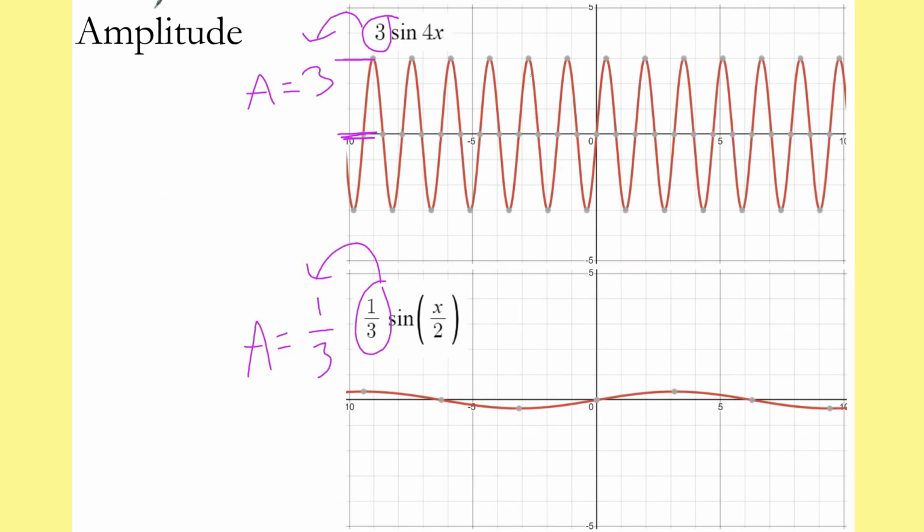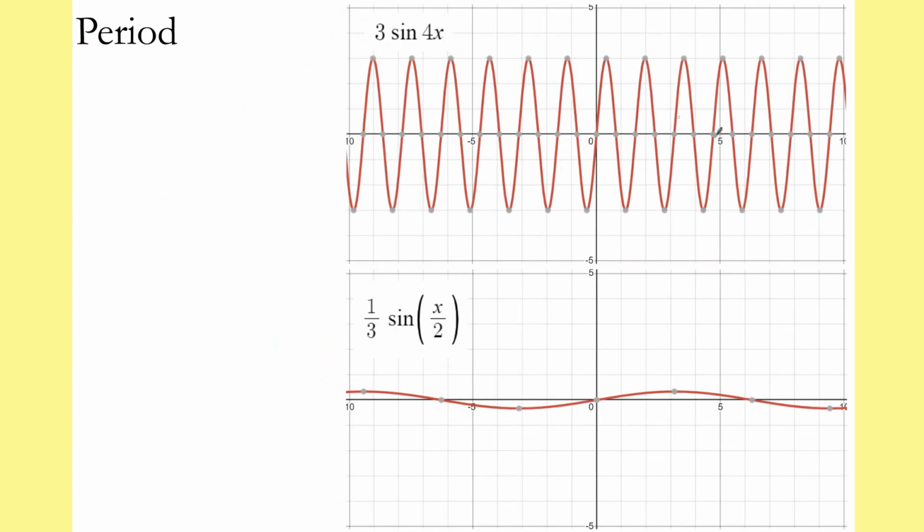So let's look over here. The period over here, we're starting at sine at the origin. It repeats when it comes back up again right here.